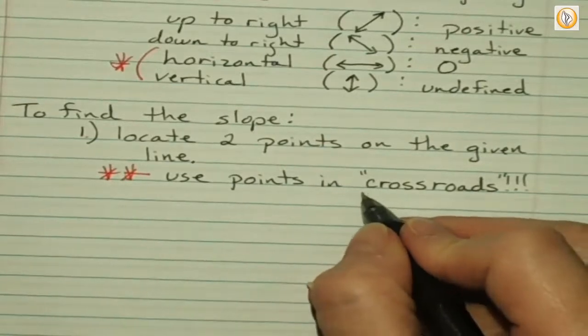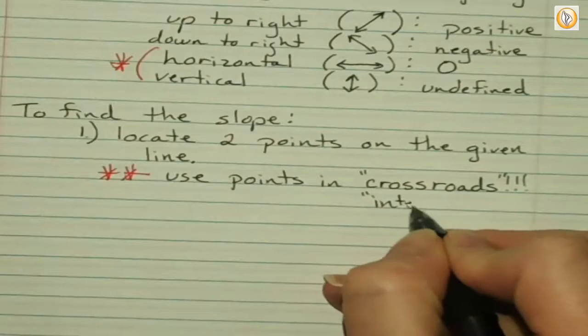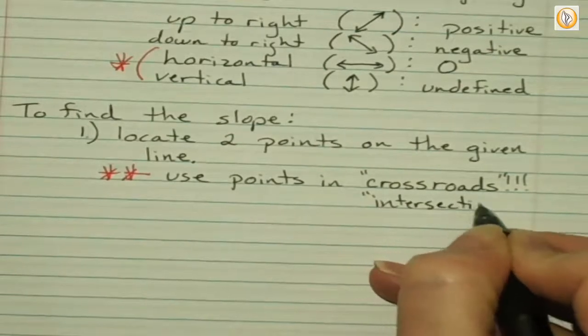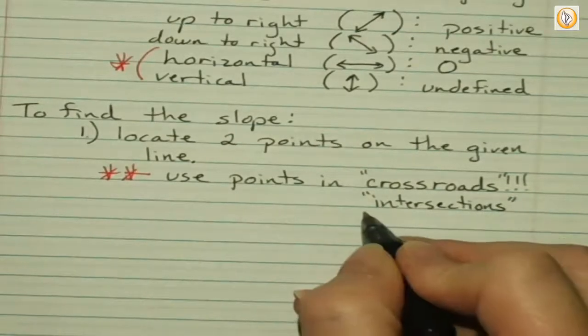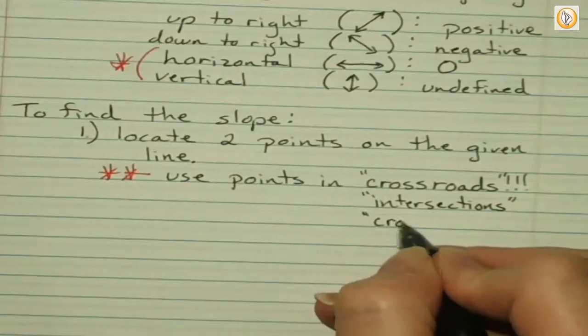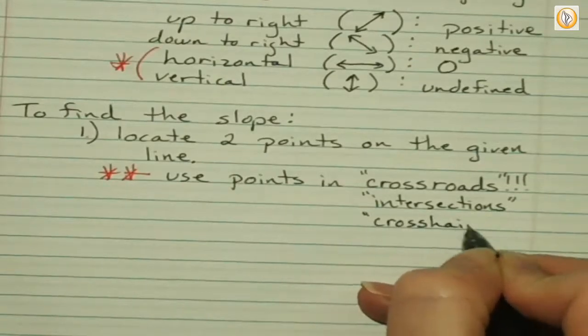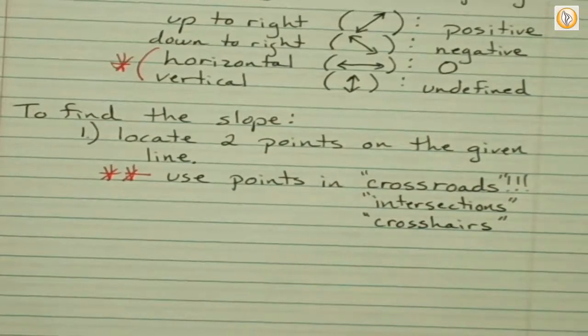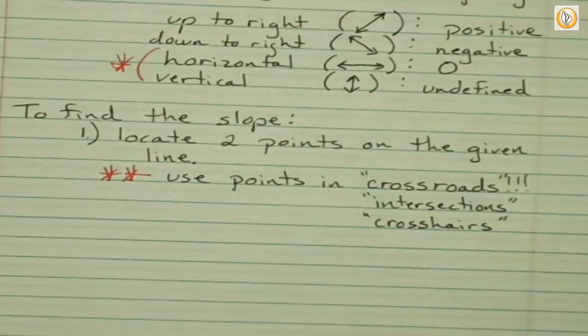Or we call it intersections. Crosshairs, I don't care what you call them. So basically, driving. Driving and hunting, yes.